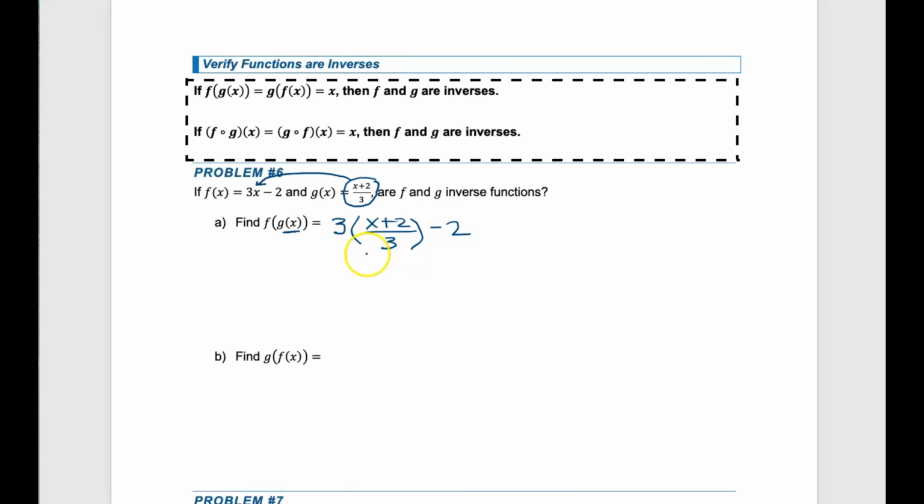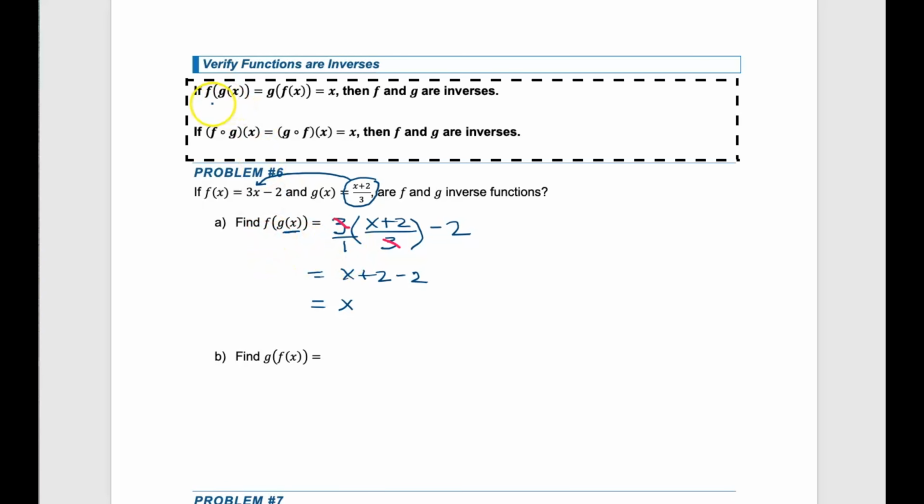If I simplify this, this is really 3 over 1, so those 3's will divide out, and that leaves me with x plus 2 and then minus 2. The plus 2 and the minus 2 zero out, and we're left with just x. All right, we're off to a good start.